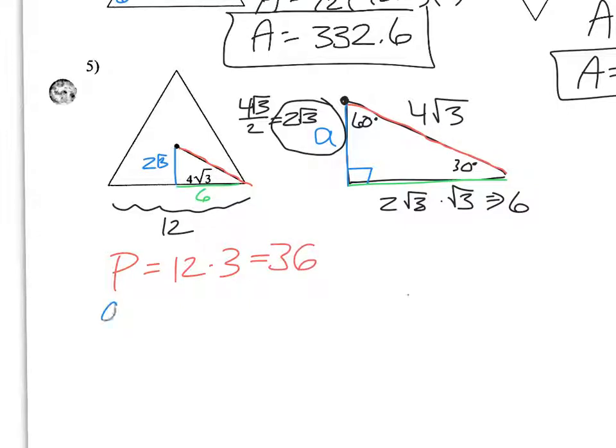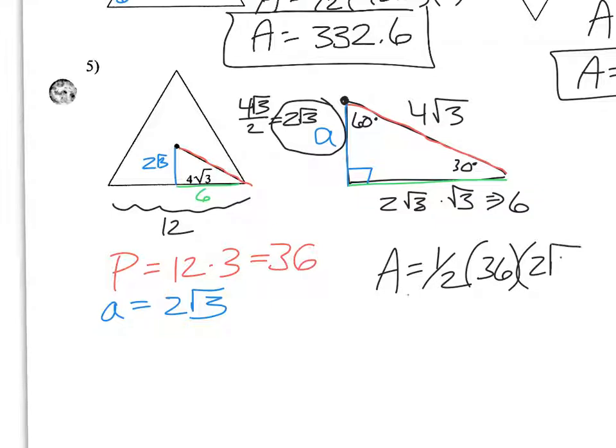The apothem is 2 square root of 3. So area is 1/2 perimeter times apothem. So again, I'm going to do all that on the calculator. 36 times 2 square root of 3. And I get 62.4.